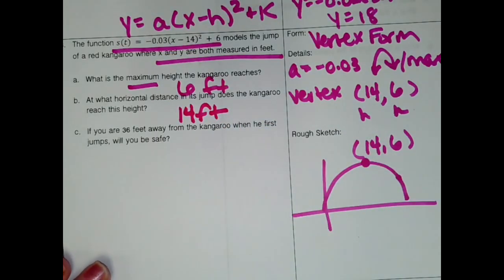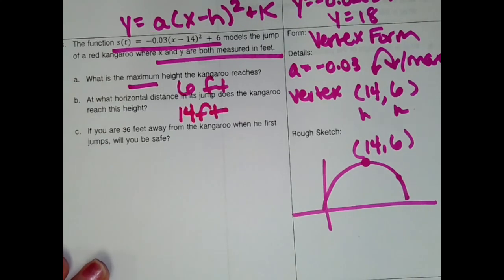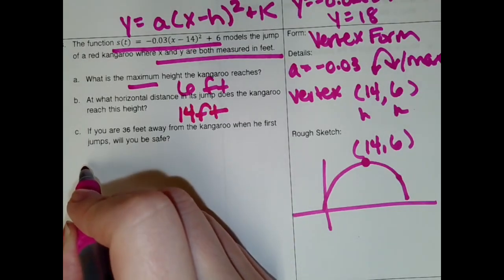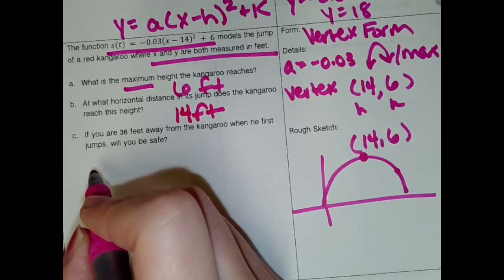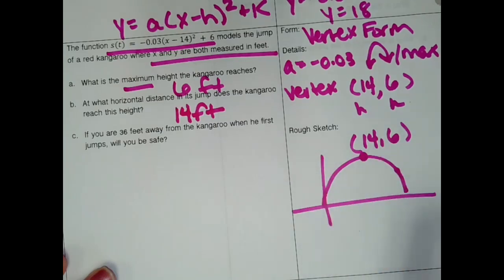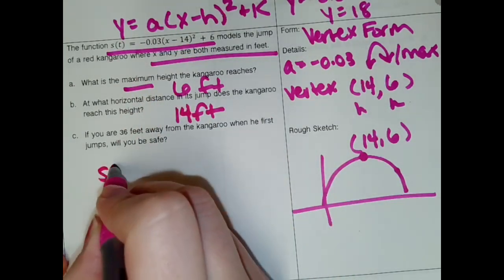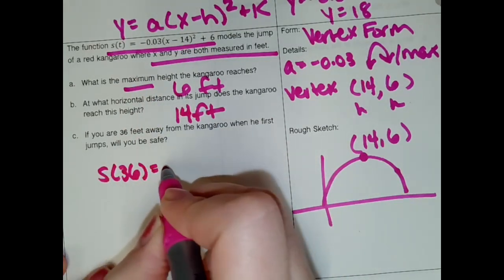This next one says, if you are 36 feet away from the kangaroo when he jumps, will you be safe? Well, let's see. A way that you can determine that is horizontal distance would be x. You could plug 36 into the equation.